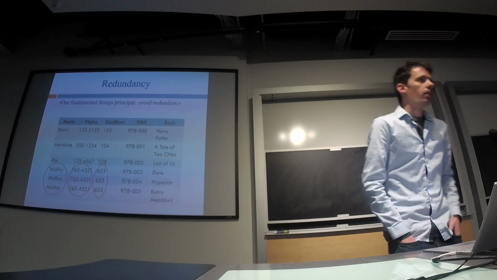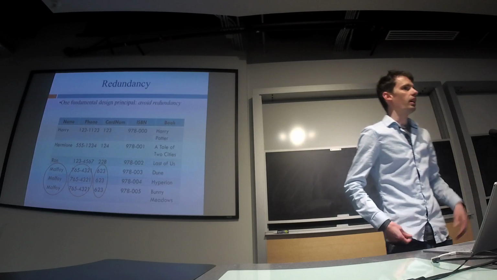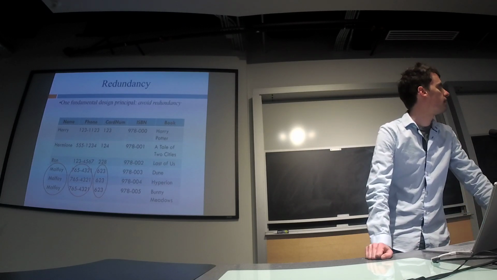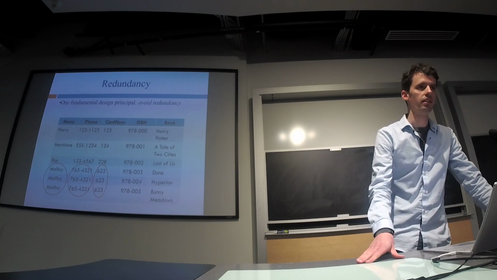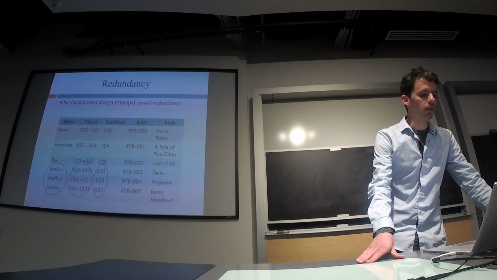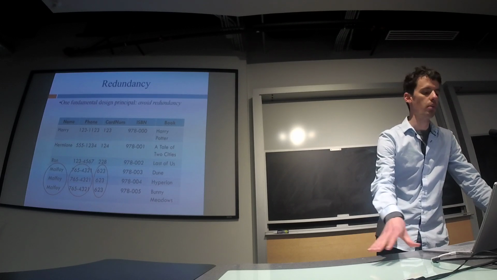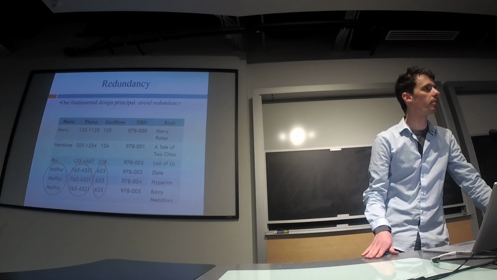So remember from way back in the beginning, one of the things we were trying to avoid in schema design is redundancy. I asked the question, if we were trying to build a library, how do we represent a person checking out more than one book?